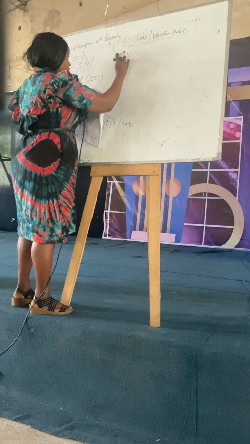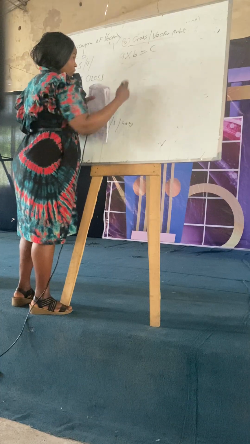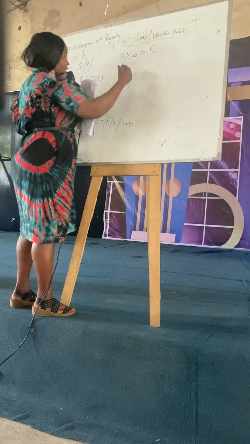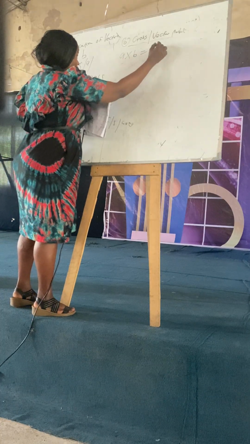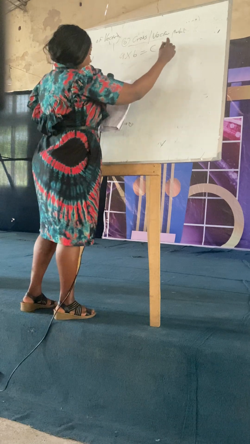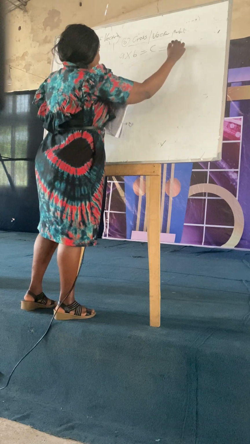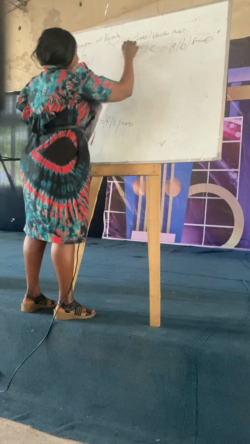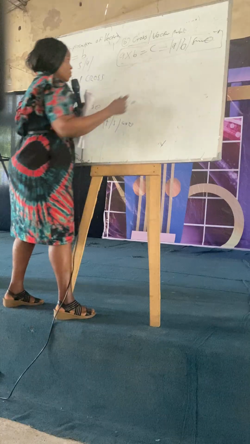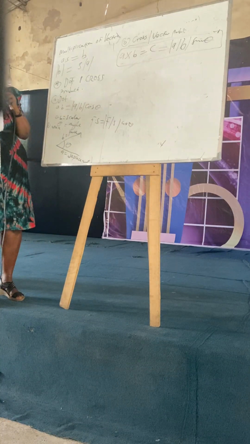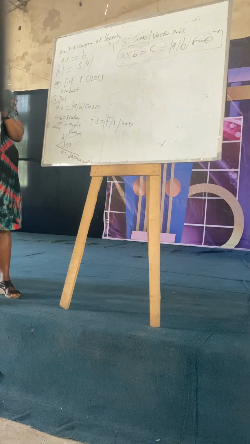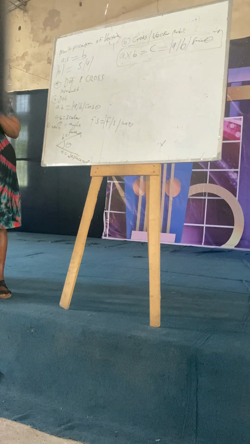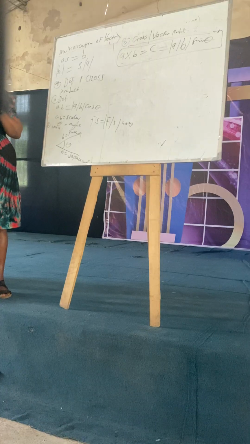A cross B will be equal to C, another vector, and it can be defined as the magnitude of A and B sine theta. That is the definition of the cross product of a vector. And the cross product is known as the vector product.